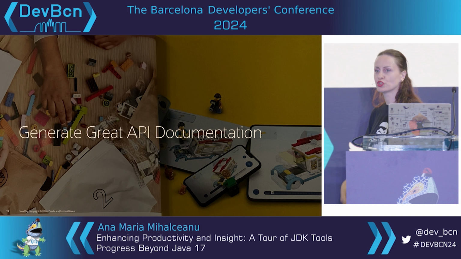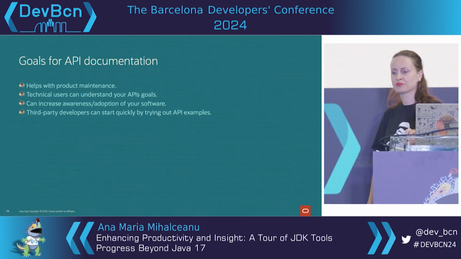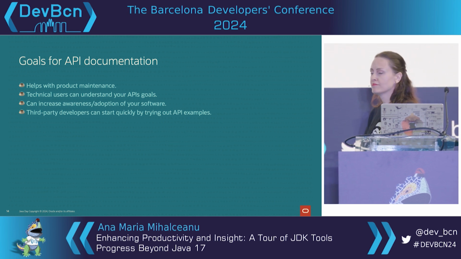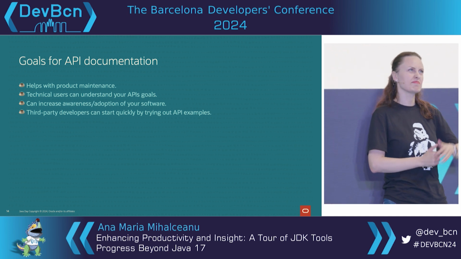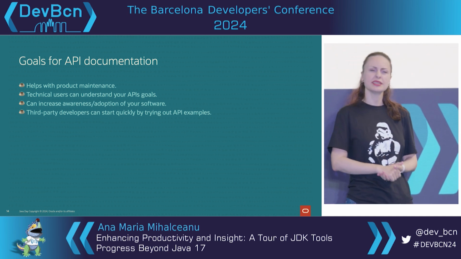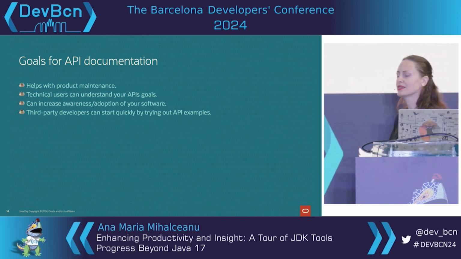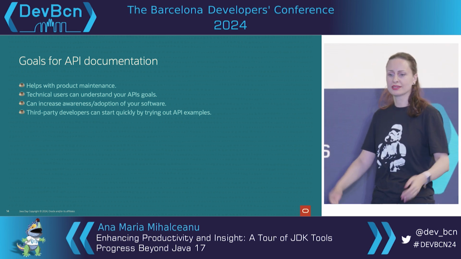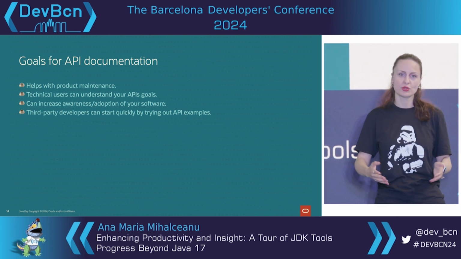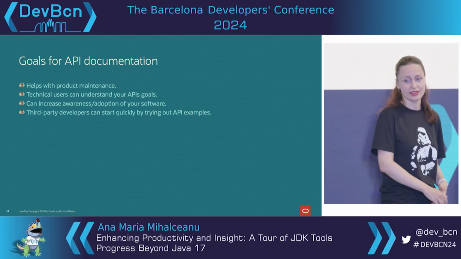And for that case, JavaDoc as a tool has improved itself as well since Java 17. So first of all, just a few goals for the API documentation. In case you're thinking like, hey, documentation can come later. Does it really matter? It can be a boring task. Well, great API documentation helps you with, first of all, maintaining your own product. Then the technical users of your API can understand your API better by looking at that documentation.